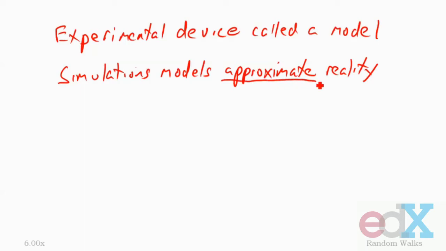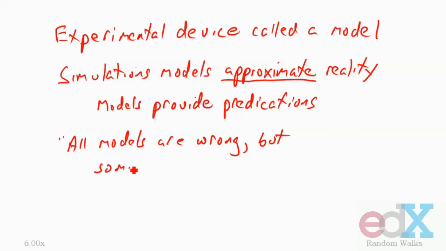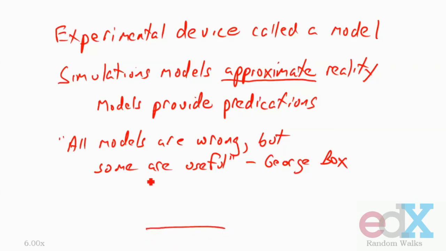Some models provide better approximations than others, but one can never be sure that the actual system being modeled will behave in the way predicted by the model. Models provide predictions, and as we all know, some predictions are accurate and some predictions are not. In fact, it has been said that all models are wrong. That's the bad news. But the good news is that some are useful. In the next segment, we'll start looking at how do we go about building models that are indeed useful.